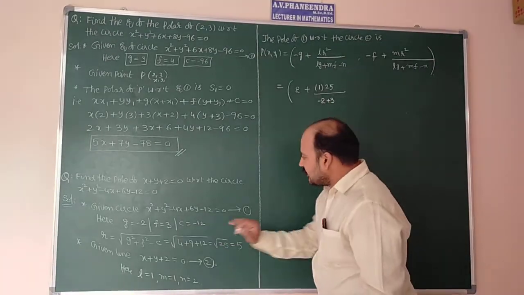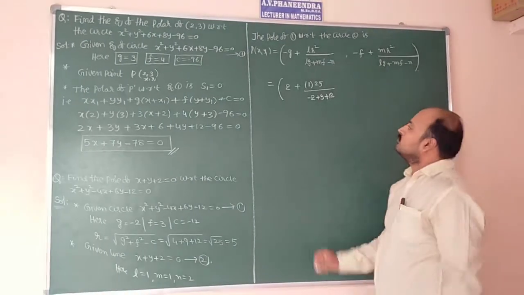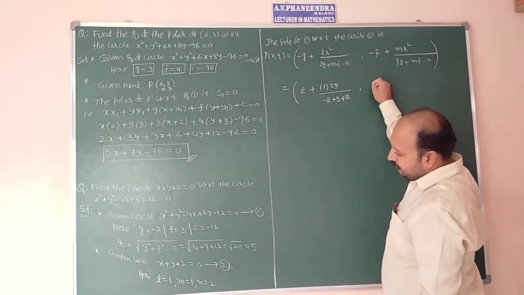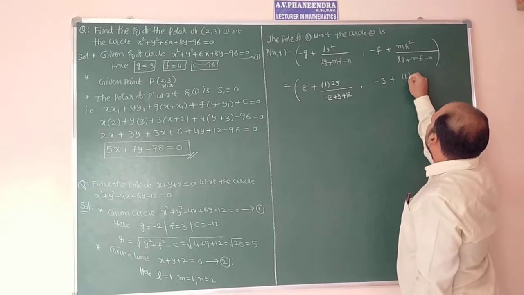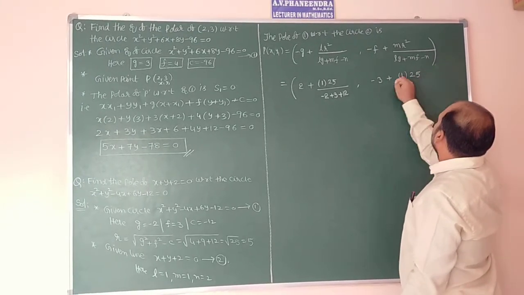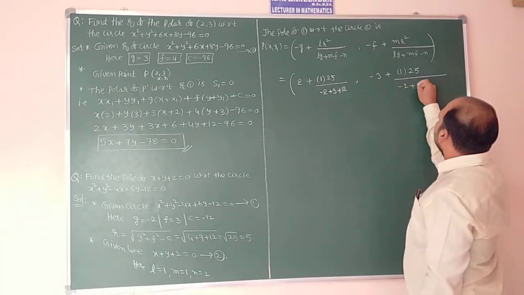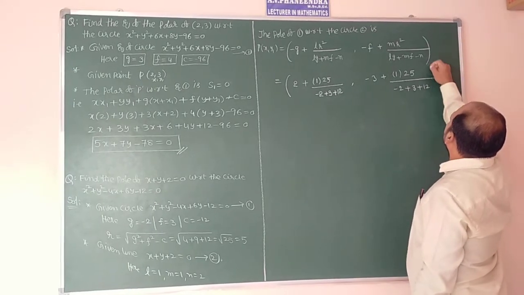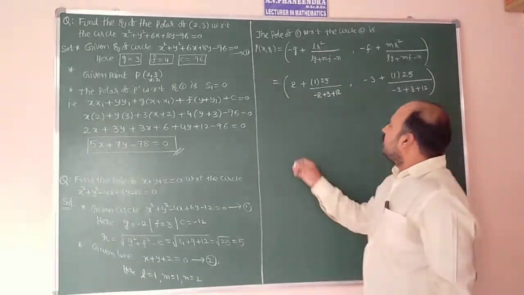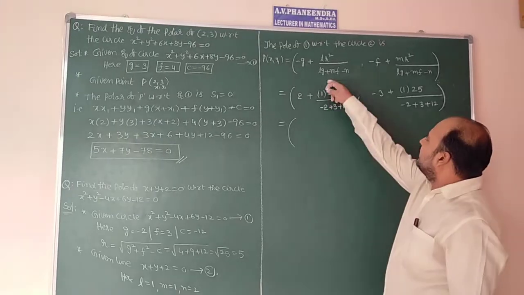Minus n. comma minus f, minus 3, plus m value 1, r square value 25, divided by lg plus mf minus n.